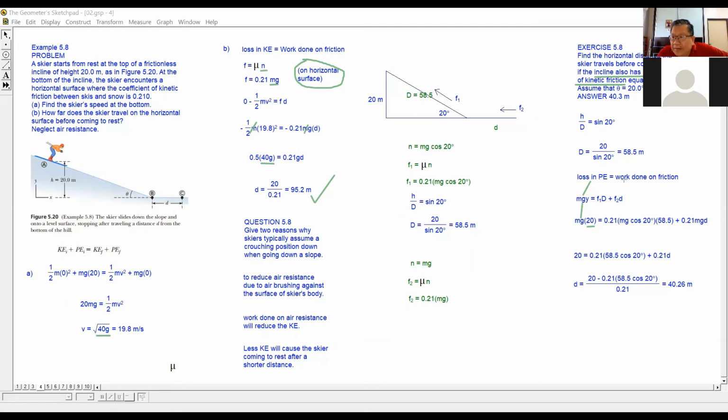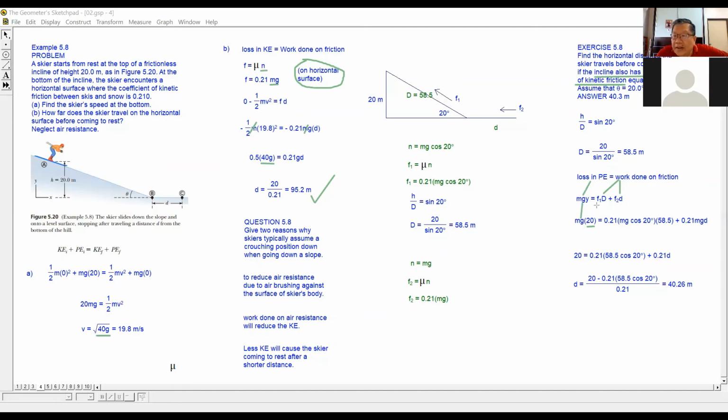The work done against friction has two parts. One part is the inclined plane, the second part is the horizontal plane. Each of them moves through a different distance and has a different frictional force.